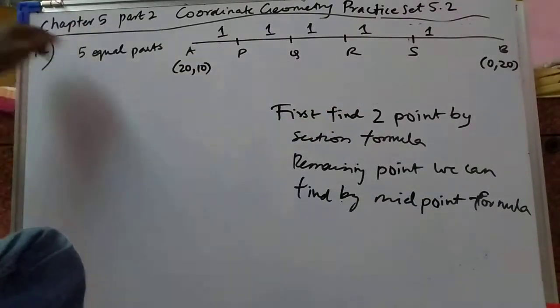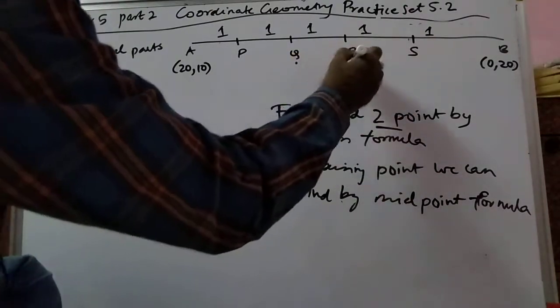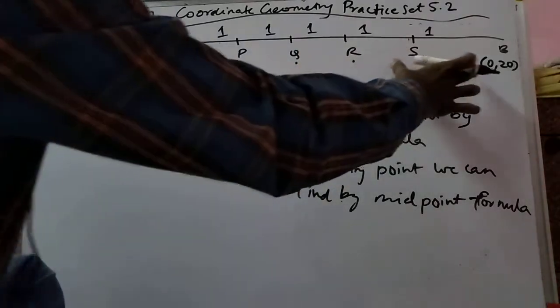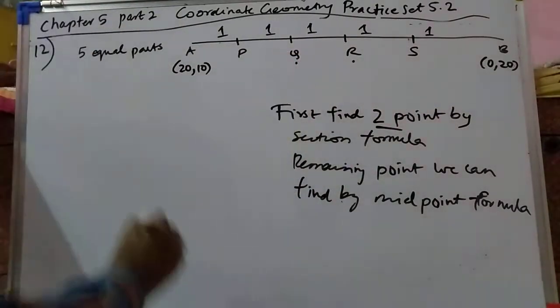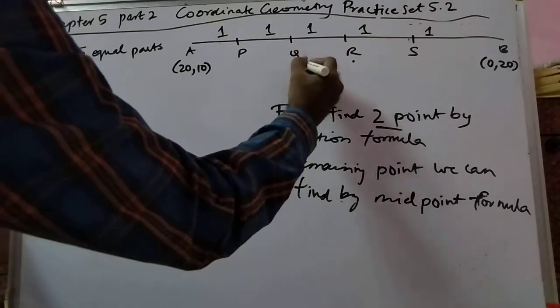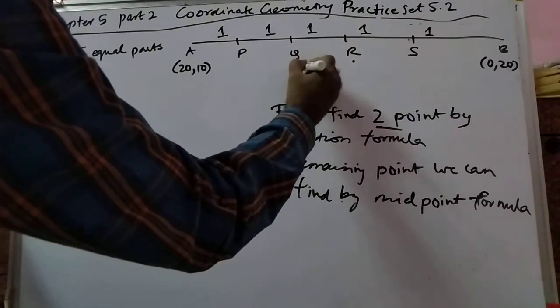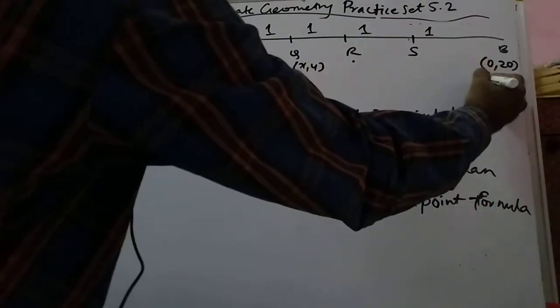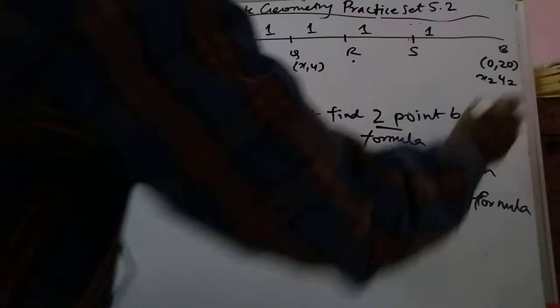Okay, let us first find two points, Q and R. After that you can apply the midpoint theorem. Let us first find Q. Let us take the points as x1, y1 and x2, y2.